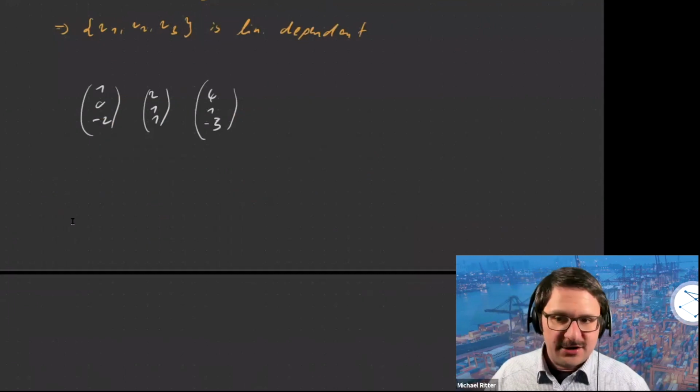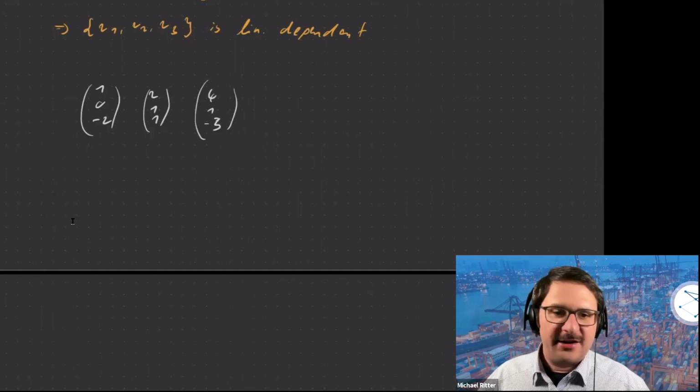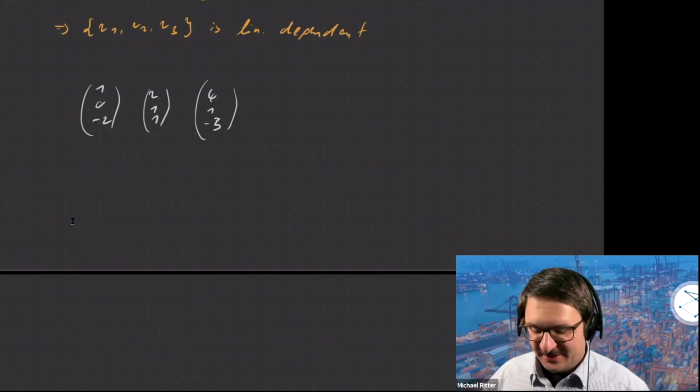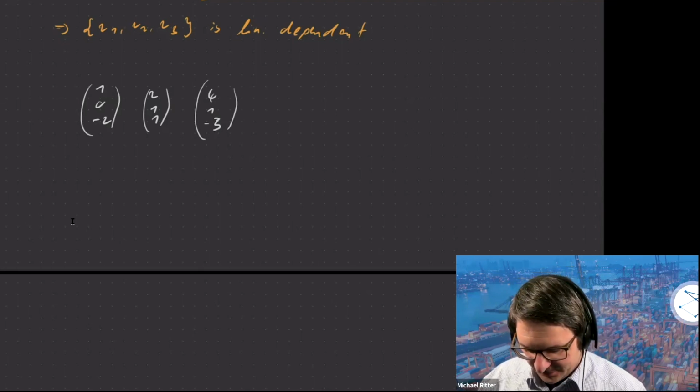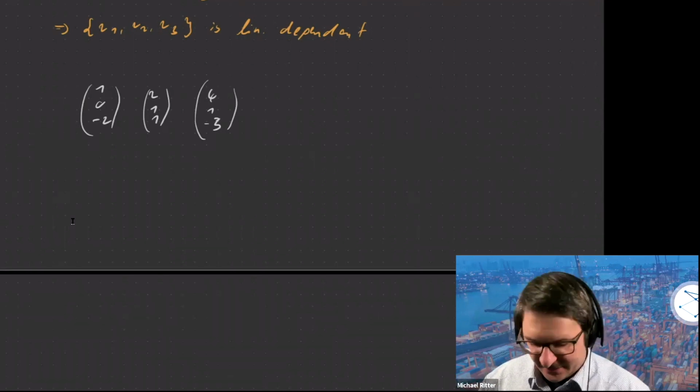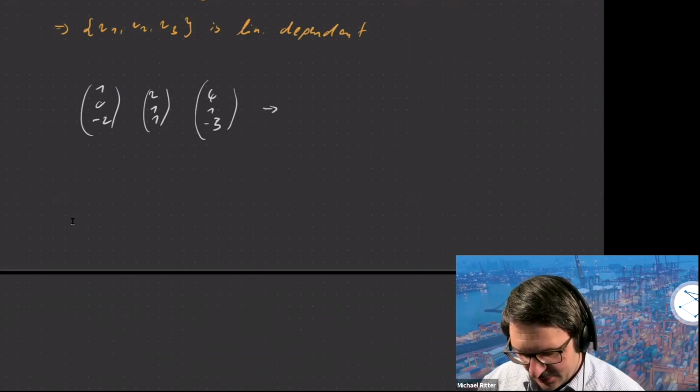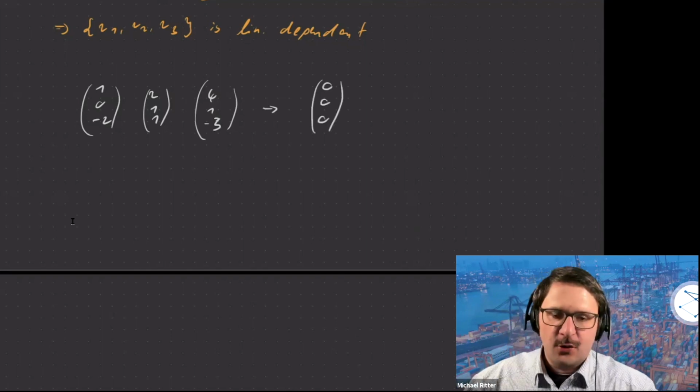So what we could try is to find such a linear combination in a more or less systematic way. Of course, one way would be to just guess. Yeah, you can do that. If you want it a little more systematic, then we could try the following. We could try to add and subtract the vectors in a way such that the first coordinate becomes 0.